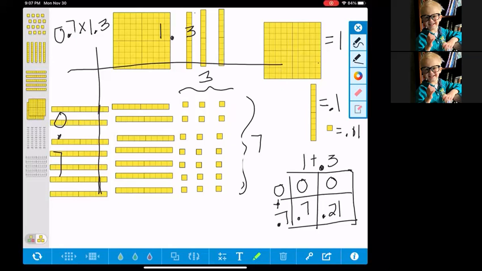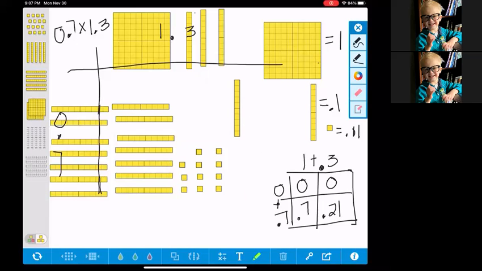And now we can see with 21 hundredths, we can make one group, and down here is how we've grouped them. One group of 10s, and now we can rearrange.